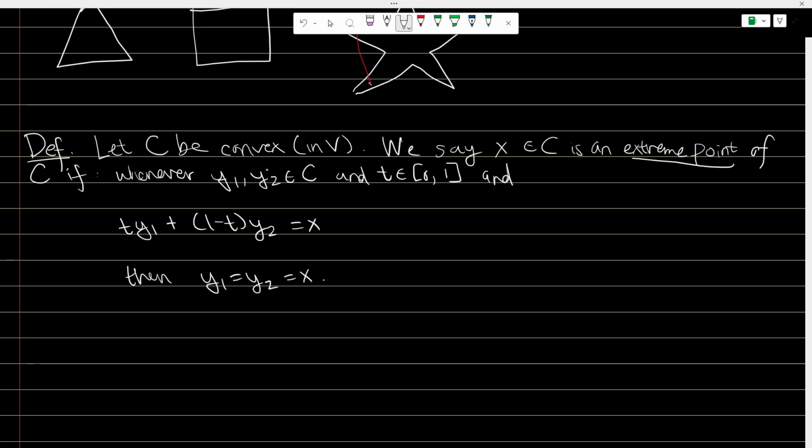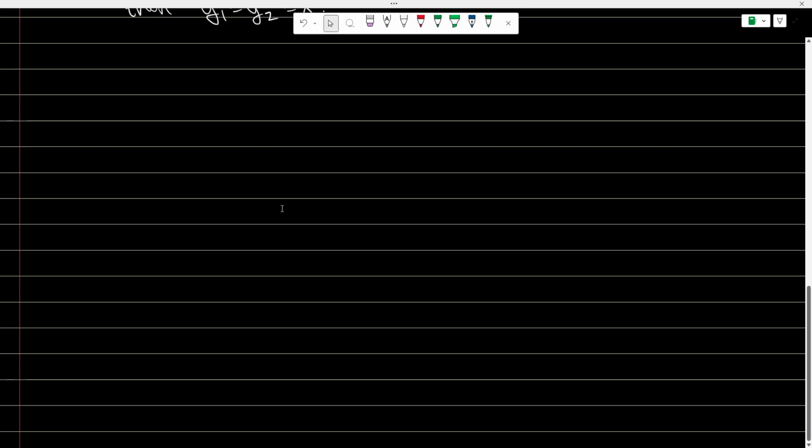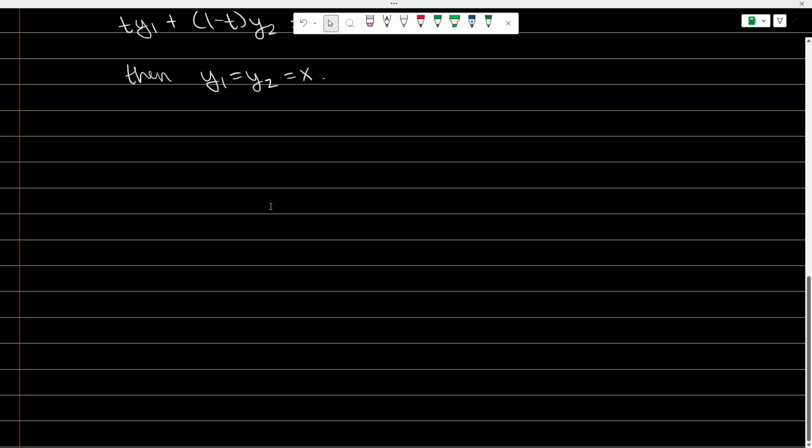Intuitively speaking, an extreme point is a point where it can't be got into as a convex combination of other points unless they were that point itself. So let's look at some more examples of this kind of thing.